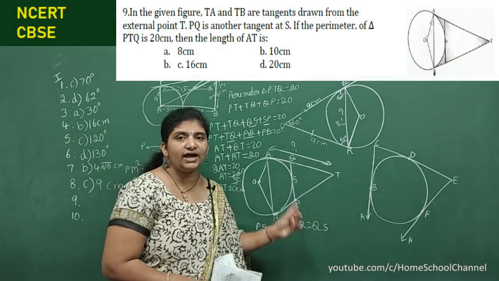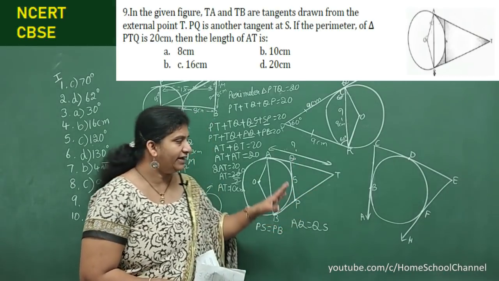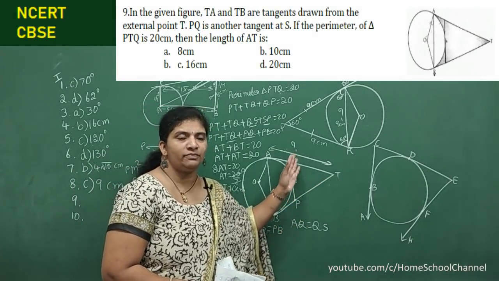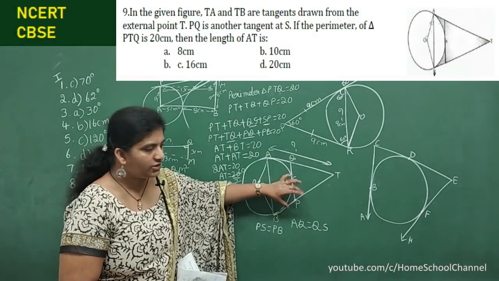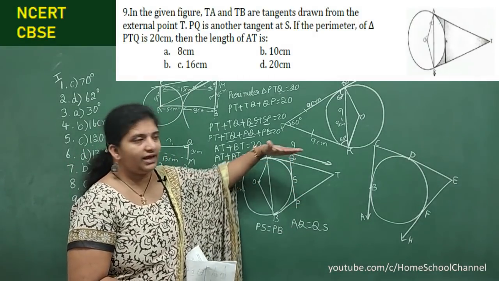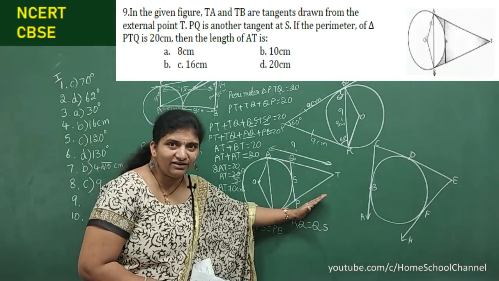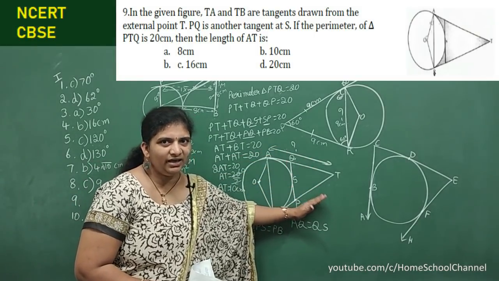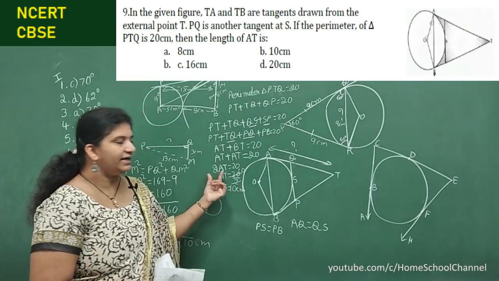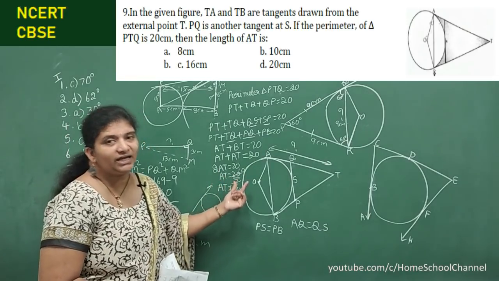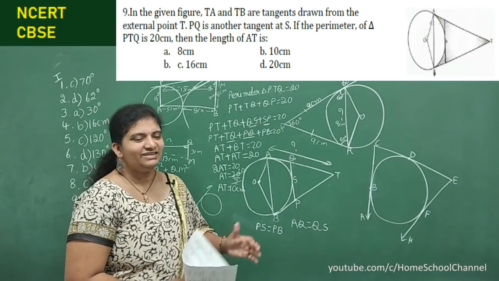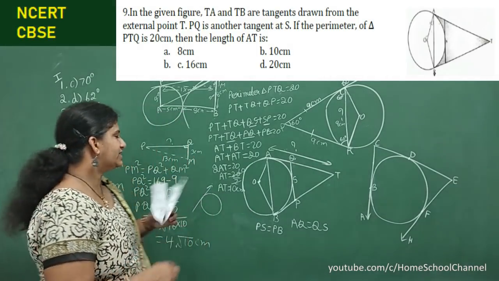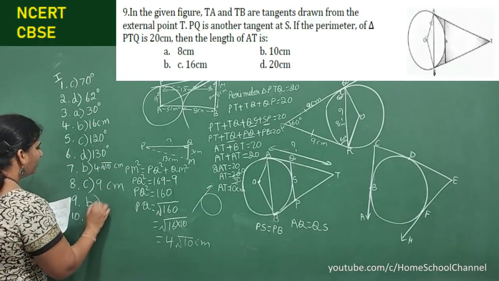Then the given triangle perimeter is equal to 20. That means PT plus TQ plus QP is equal to 20. Instead of this, you write this one. Then again, this tangent is equal to this tangent. Therefore, 2 times AT equal to 20, AT equal to 20 by 2, it will be 10 centimeters. Check for the option. It is your option B, 10 centimeters.